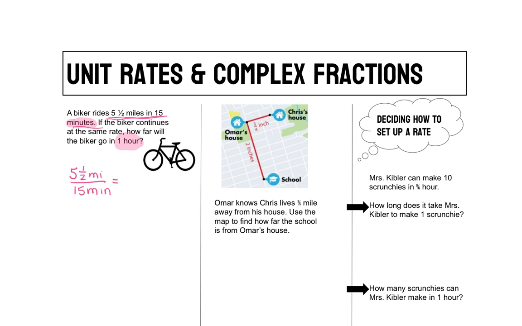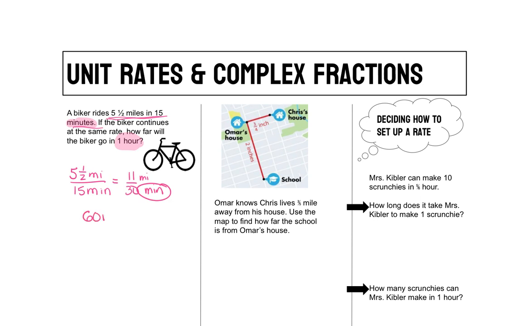Now we can divide this out right here to figure out what our unit rate is. Go ahead and plug this right into your calculator. 5.5 divided by 15 will give us 11/30, and this is miles per minute. Now, this was per 1 minute. We want to do an hour.